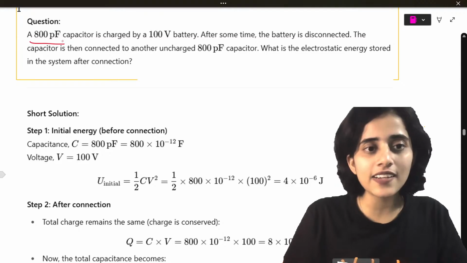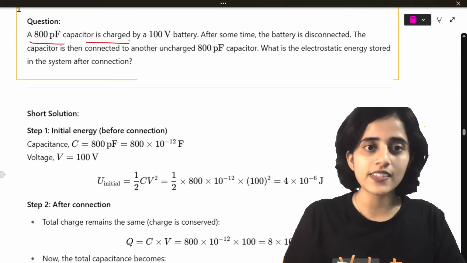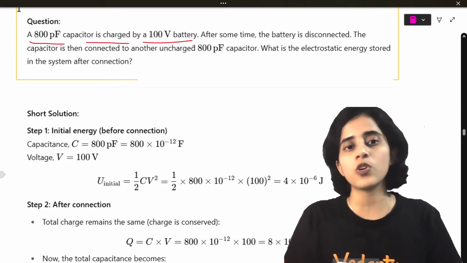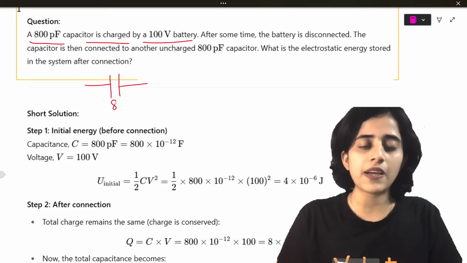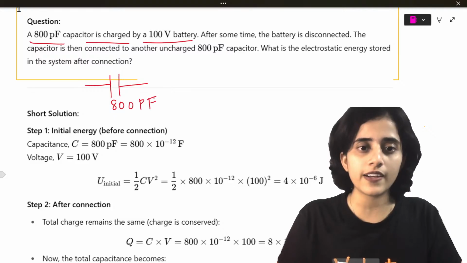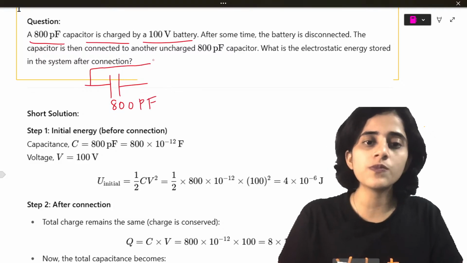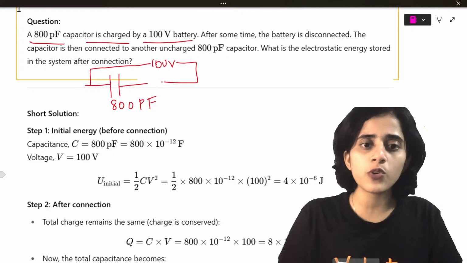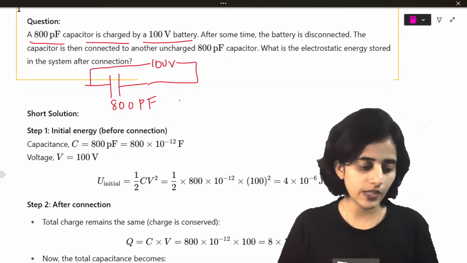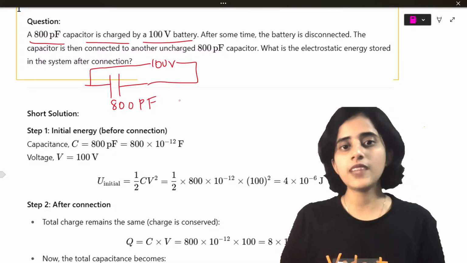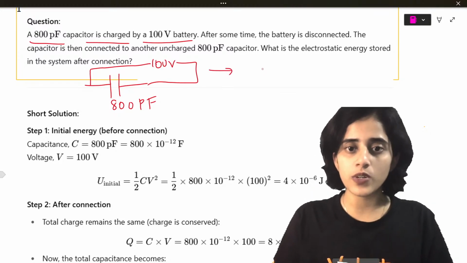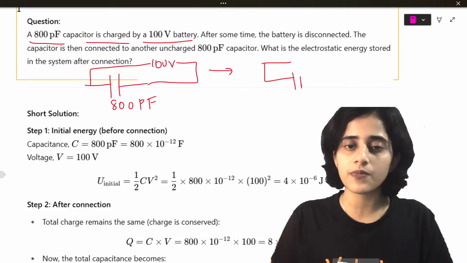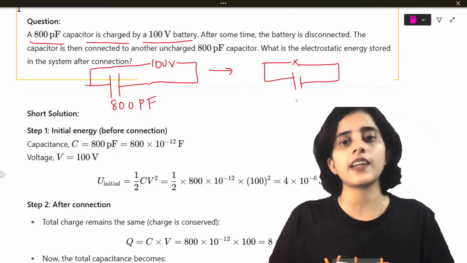An 800 picofarad capacitor is charged by a 100-volt battery. So there is a capacitor of 800 picofarad connected to a 100-volt battery. After some time, the battery is disconnected.